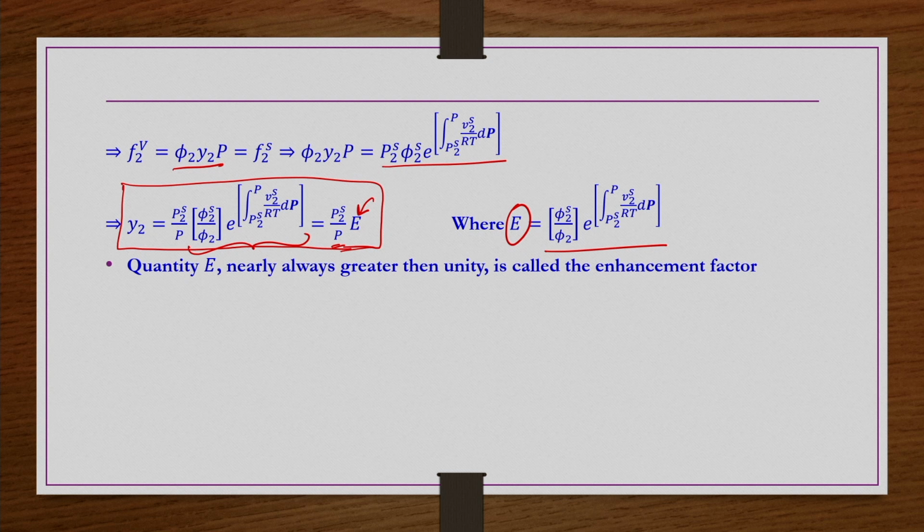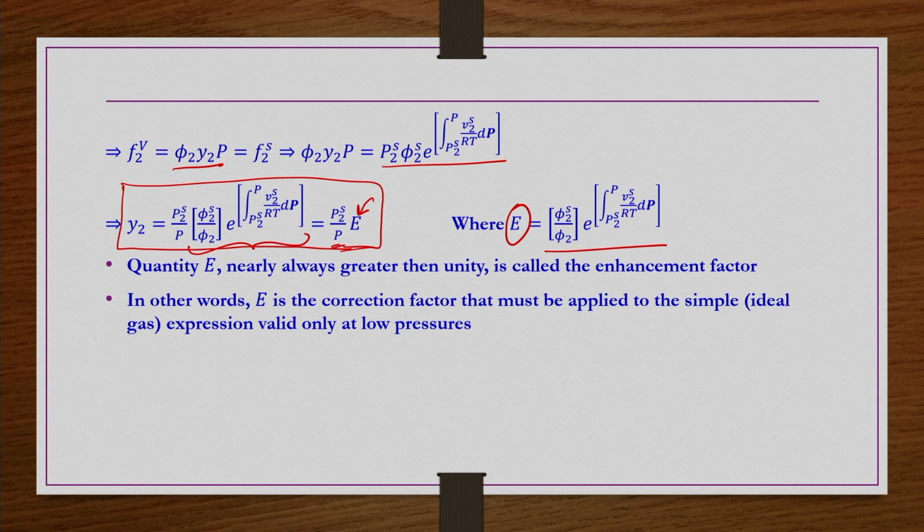So, this is nearly always greater than unity and is known as the enhancement factor. In other words, E is that correction that must be applied to the simple ideal gas expression, which is valid only at low pressure. At low pressures only ideal gas behavior is valid, but now the compressed gas is there, because of that whatever correction factor must be brought in is there because of this enhancement factor.